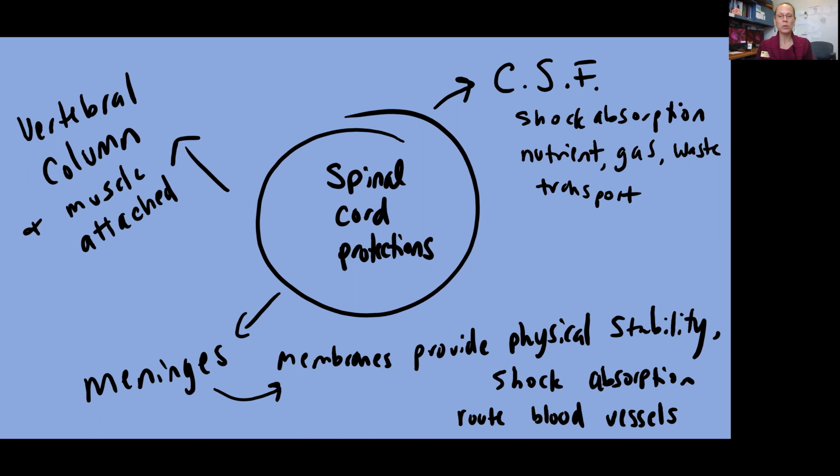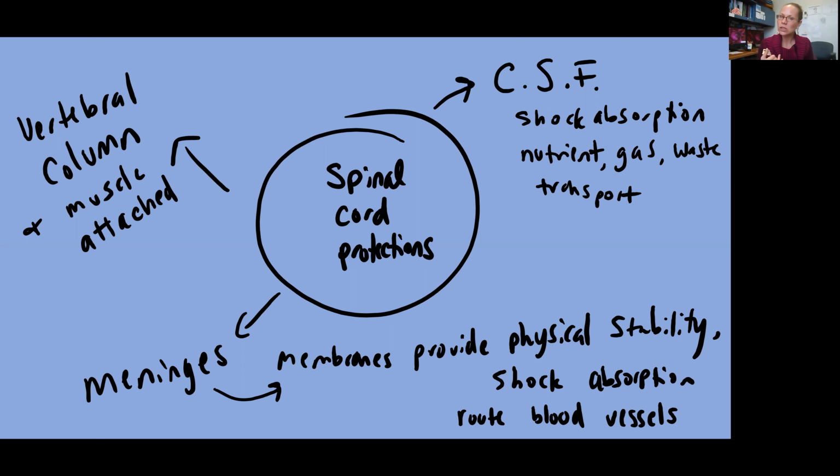Meninges are membranes that are providing physical stability, shock absorption, and a route for blood vessels to the outside of the spinal cord. Now, we've kind of seen this pattern before. We saw it with bone, we saw it with muscle, we're seeing it here in the nervous system. We see that our organs typically have these connective tissue layers on the outside that are making them separate structures, providing protection, providing a route for blood vessels, and physically connecting them back into the rest of the body.